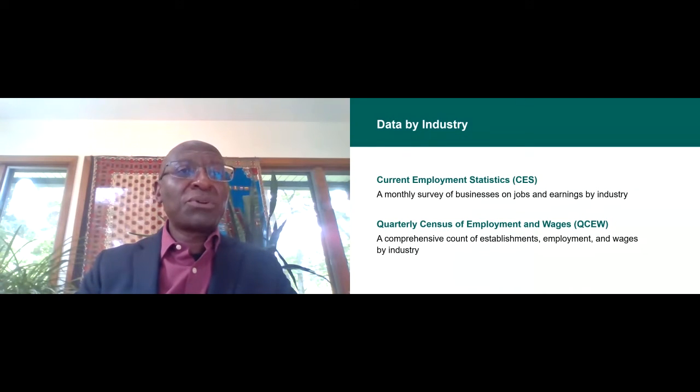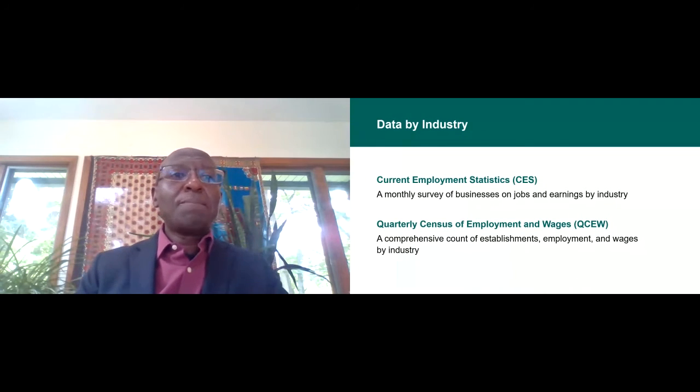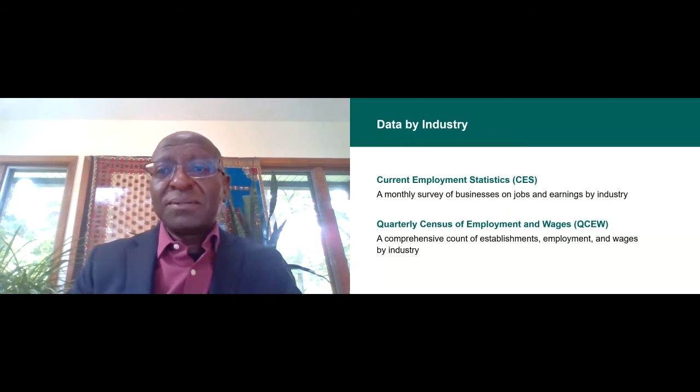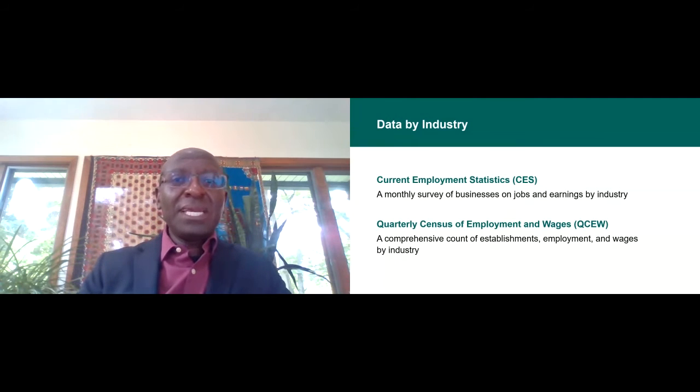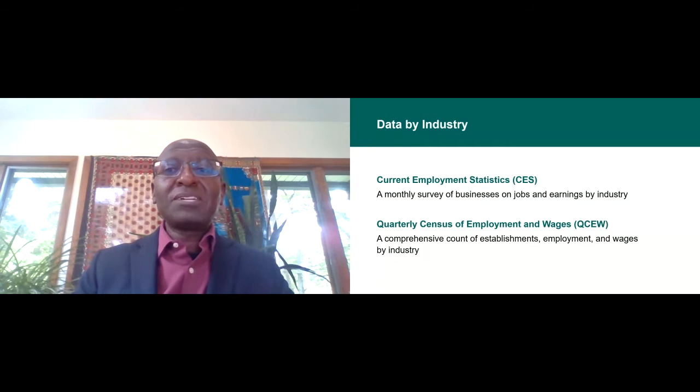Then your best source of payroll jobs by industry is the Quarterly Census of Employment and Wages, or QCEW. QCEW is a near census of employment and wages for businesses.